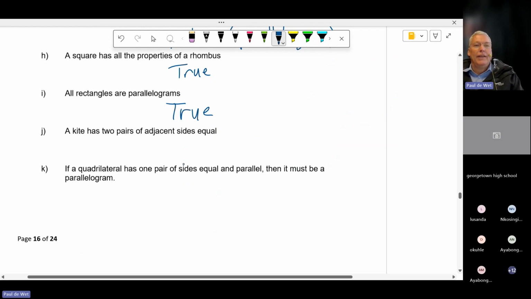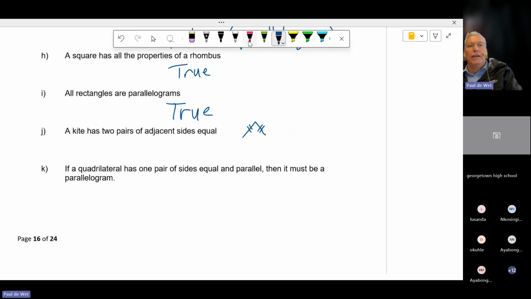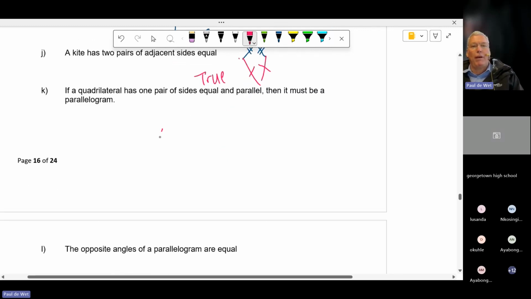A kite has two pairs of adjacent sides. Adjacent means next to each other. Equal. True. If a quadrilateral has one pair of sides equal and parallel, it must be a parallelogram. Guys, look at this.